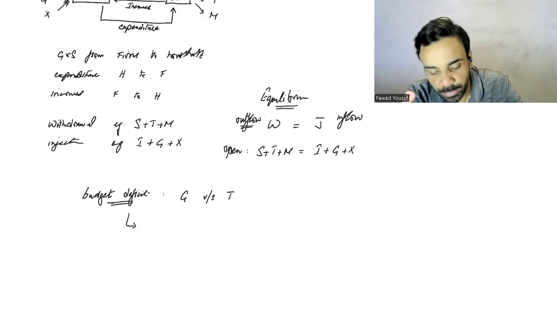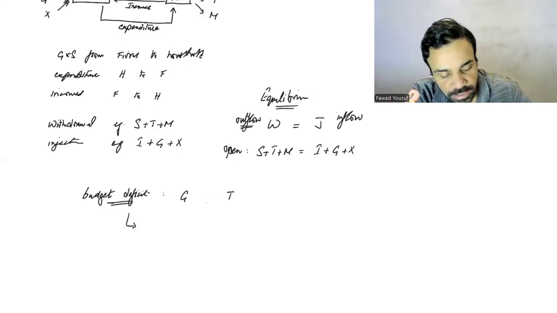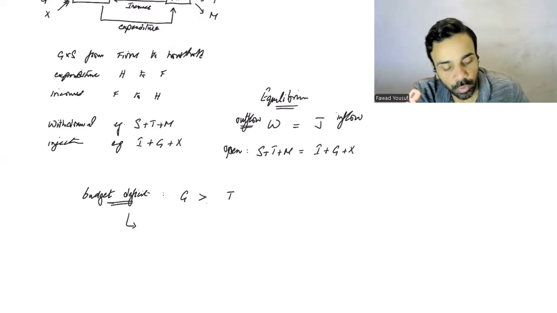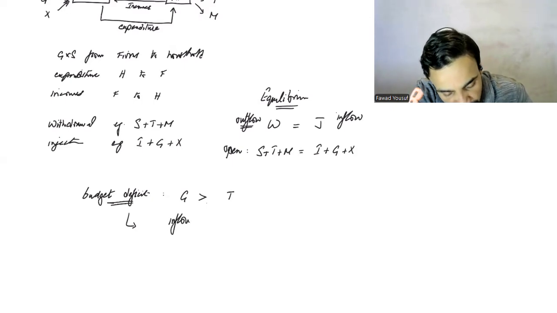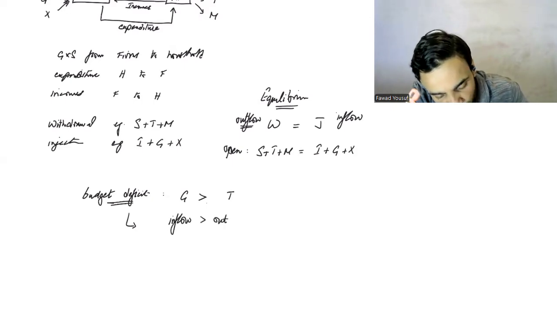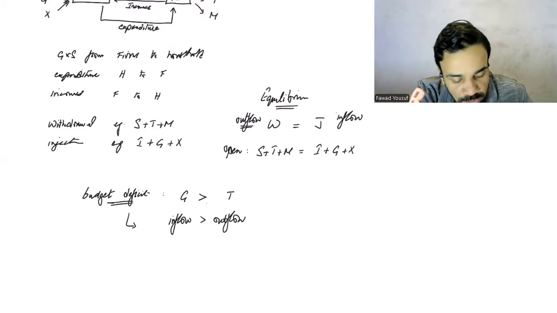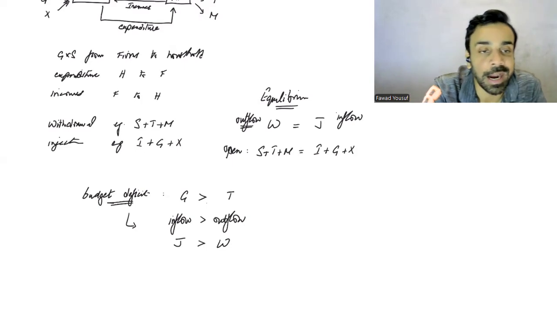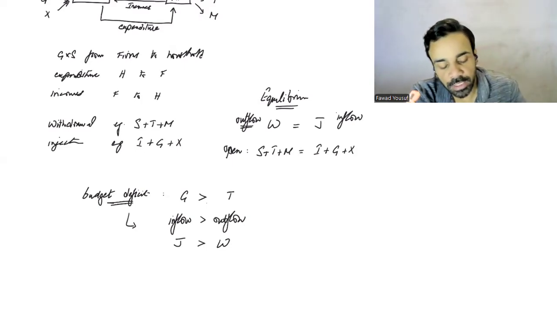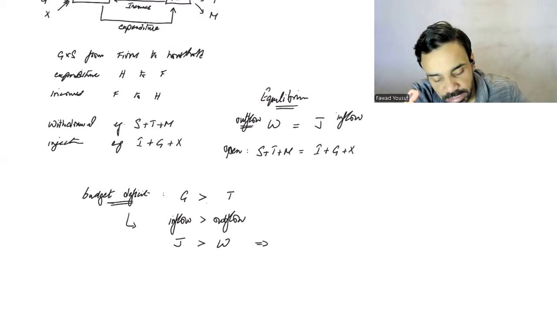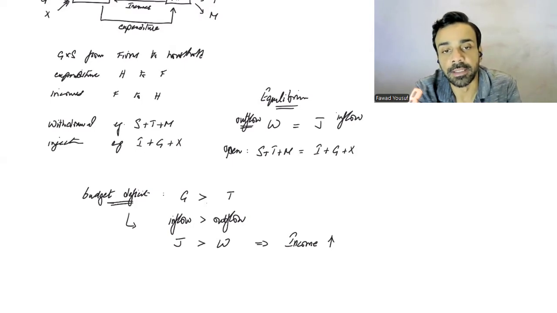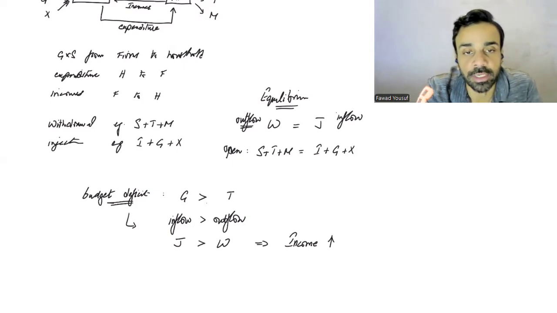अब budget deficit के अंदर, actually budget has government spending and taxes. Budget deficit तो बड़ा simple है. Budget deficit says that the spending is more than the taxation, which means that the inflow is greater than the outflow, which means that the money coming into the system is more than the money going out of the system. And what this does is that it increases the national income because there's more money coming in and less money going out.